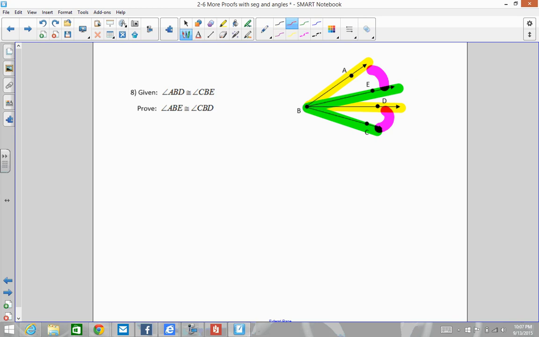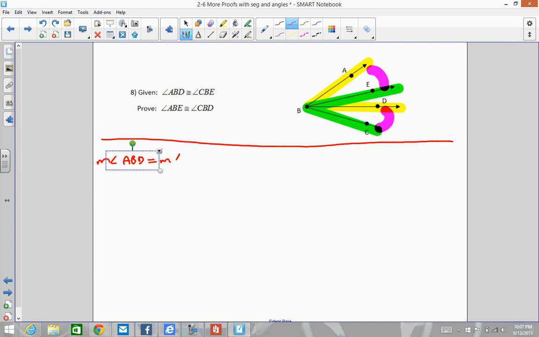Okay, so again, start with our baseline. Now, since you don't really know where this one's going, let's start off with the fact that one whole angle adds up to equal two little angles. So let's start with that. So angle ABD is equal to, and let's put the measure here because I got the equal sign, the measure of angle ABE plus the measure of angle EBD.